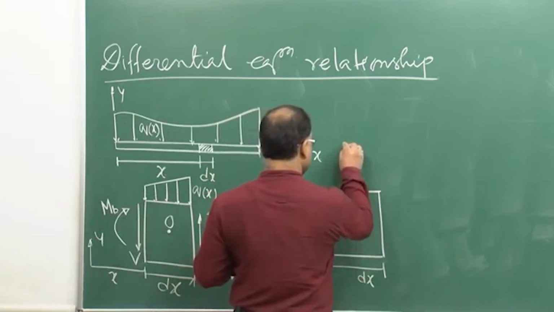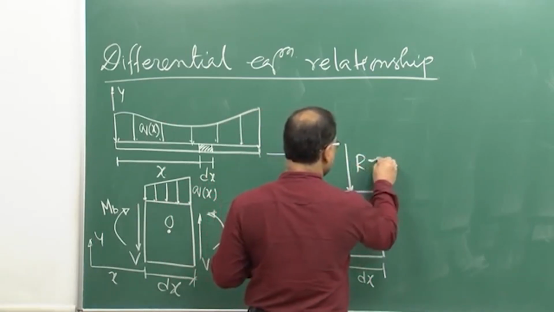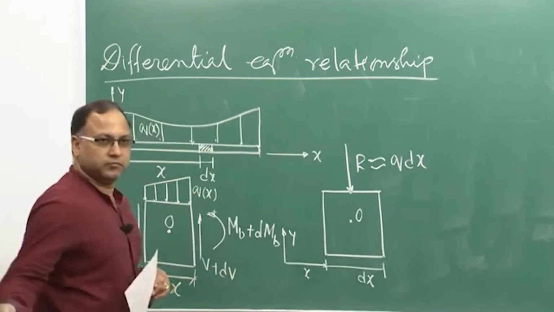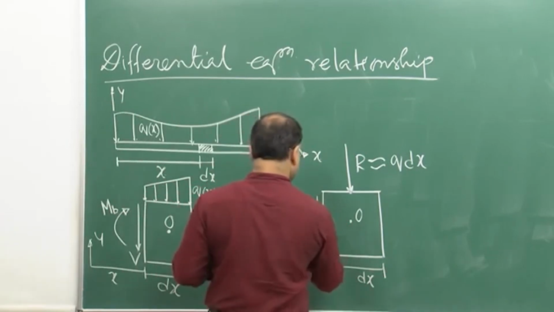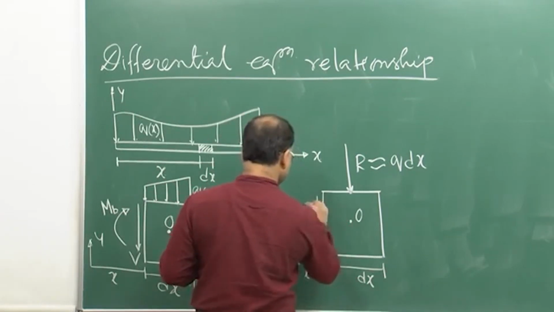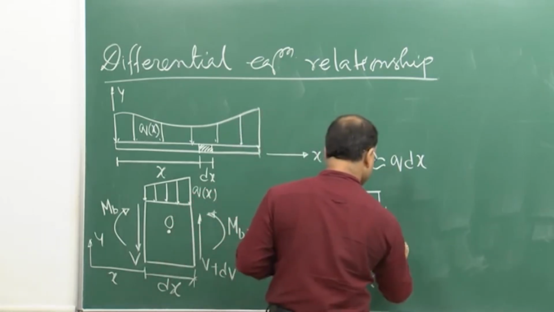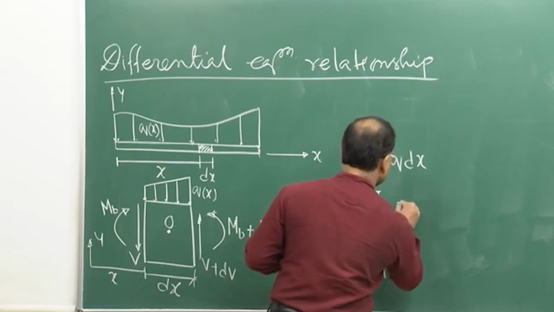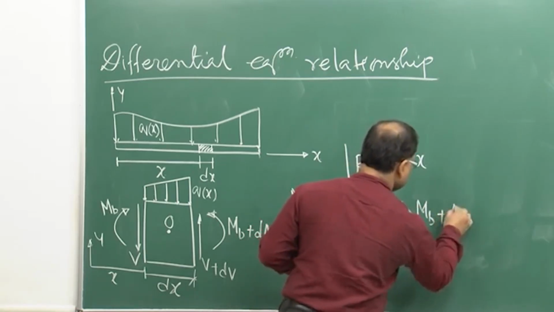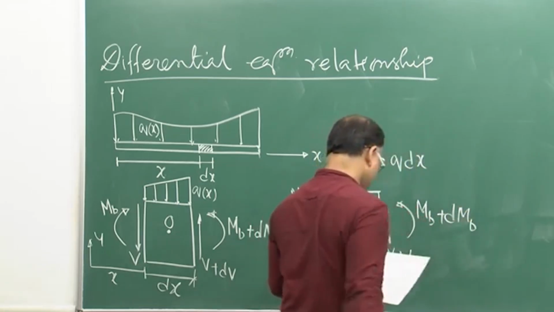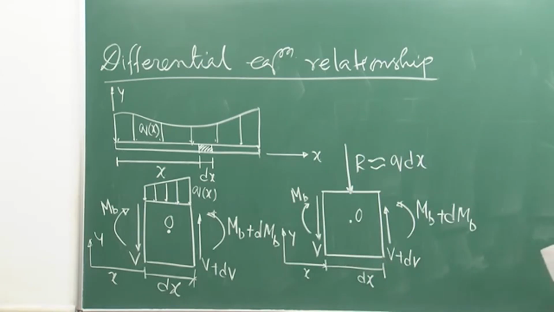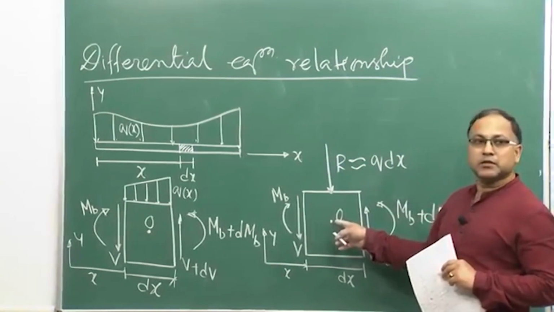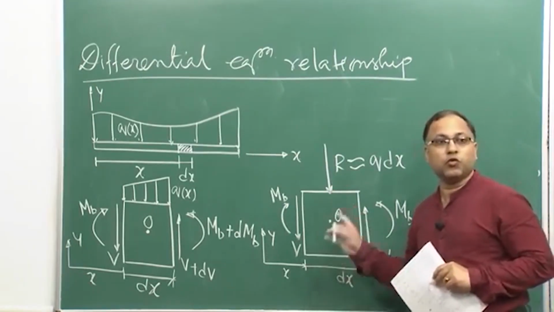And this resultant R can approximately be written as q into dx, and all the forces remain the same: V, MB, V plus dV, MB plus dMB. As per our definition of the resultant force, R should pass through the midpoint of this element, through O.